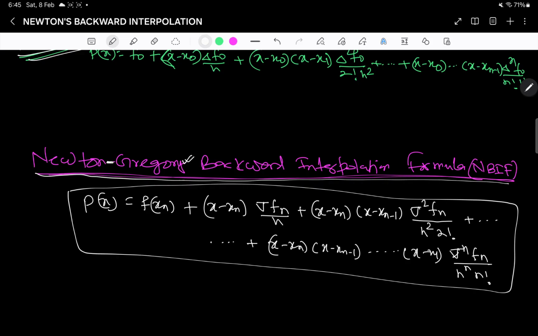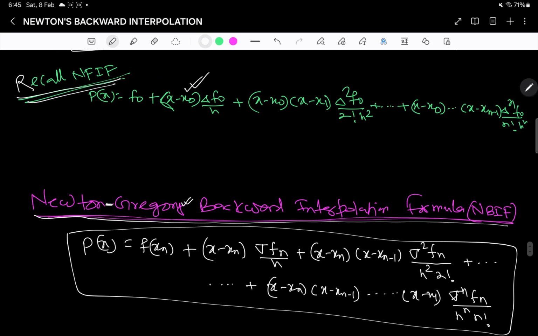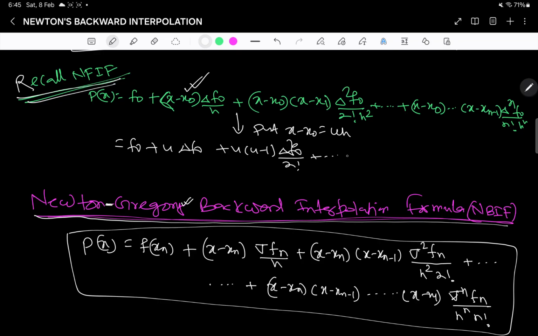And likewise we can generate a simplified formula. For the simplified formula, what we did was put x minus x0 equal to u h. Accordingly this formula was f0 plus u del f0 plus u into (u minus 1) del square f0 by factorial 2, and so on, up to (u minus 1) up to (u minus (n minus 1)), del n f0 by factorial n.